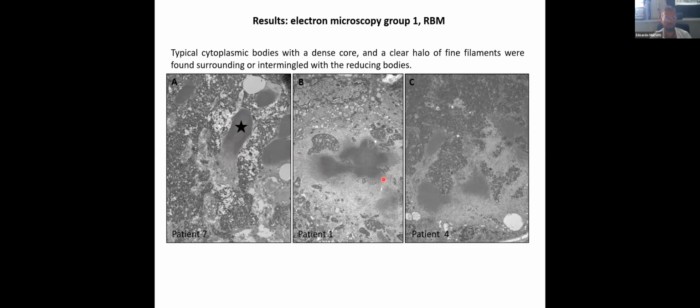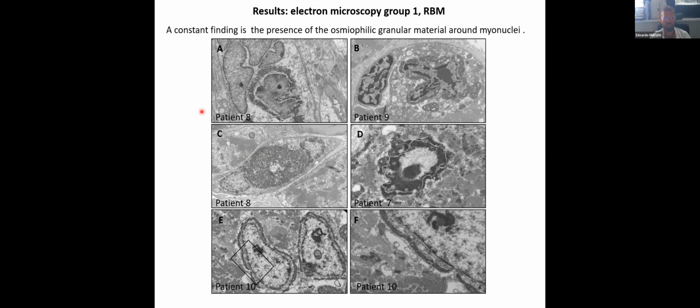And these were found not only surrounding the reducing body, as you can see here, but also intermingled with them. And you can see here in this patient the muscle was completely disrupted and occupied by this granulofilamentous material that corresponds to the reducing body.